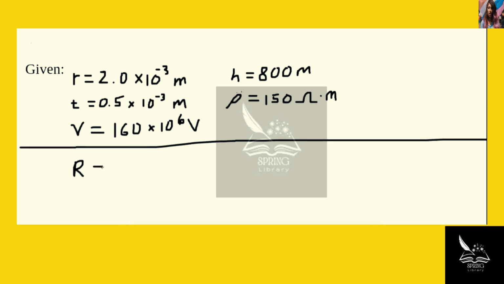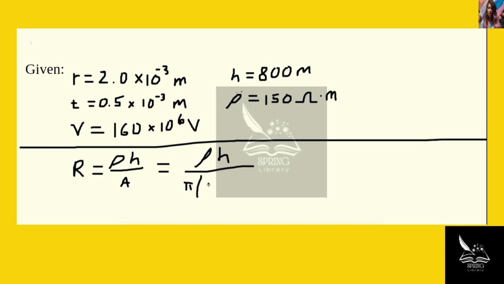Well, the resistance is equal to the resistivity times the height divided by the area. Okay, well, we know rho and H, so we need to find the area, but the area is just pi times the radius squared, okay?